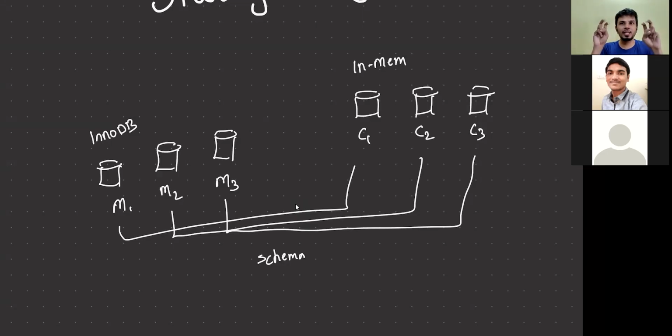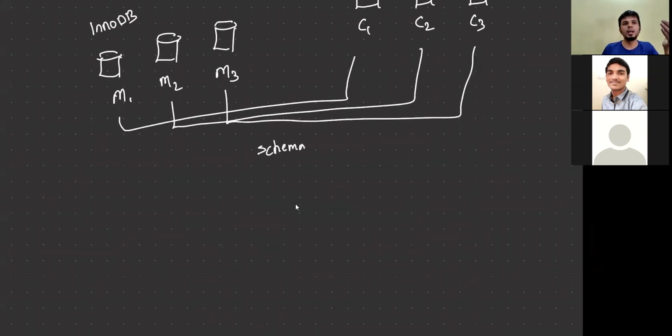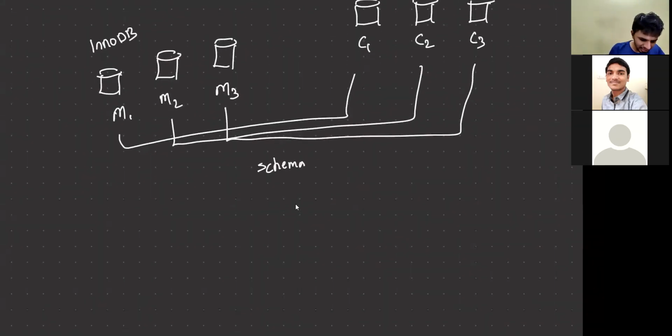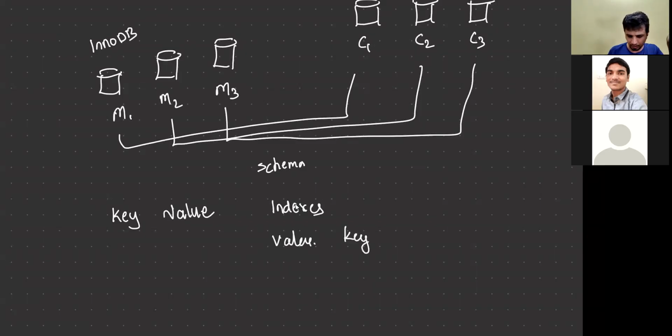For example, the schema I had for my main database was one table with a key column and a value column, and then a secondary indexes table having value and key mapping. This kind of schema should be very well present in my cache structure as well.